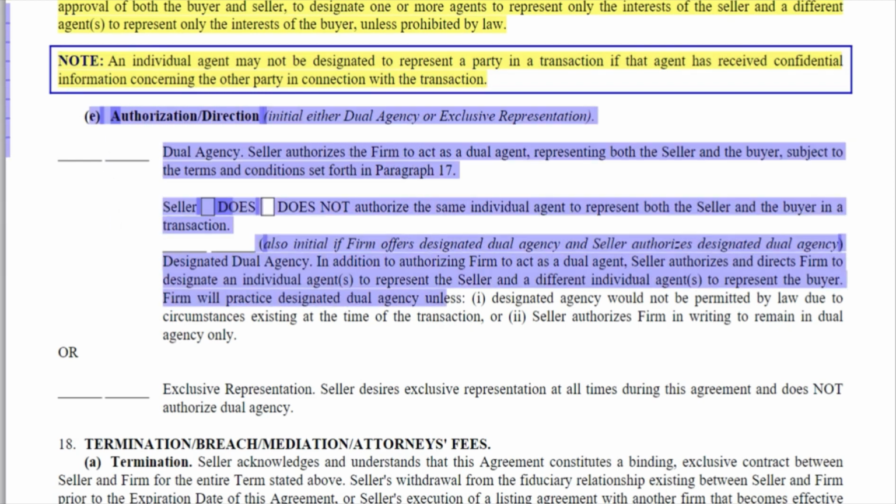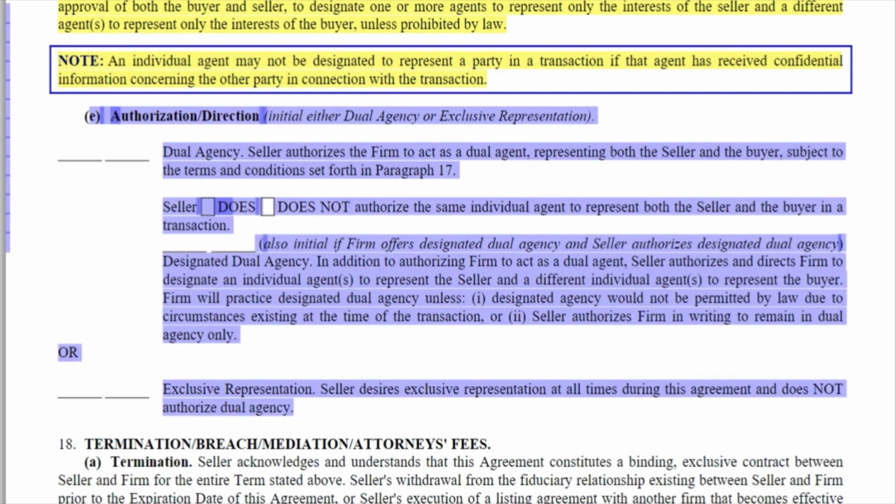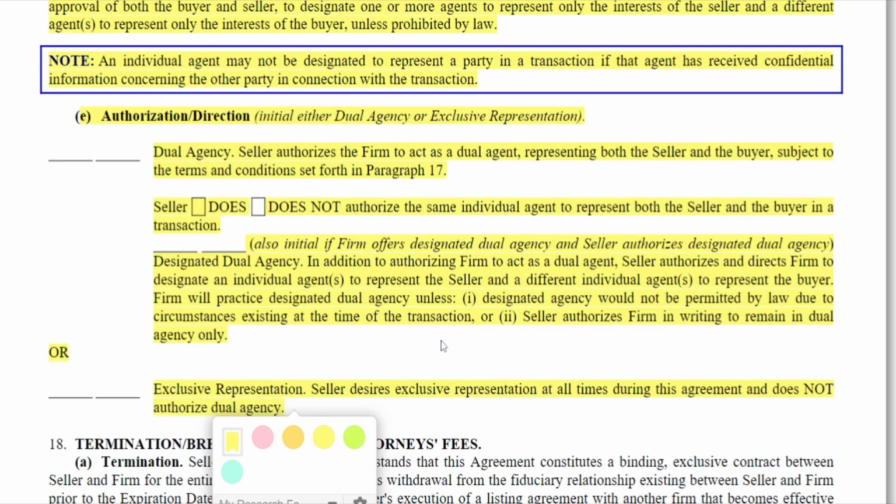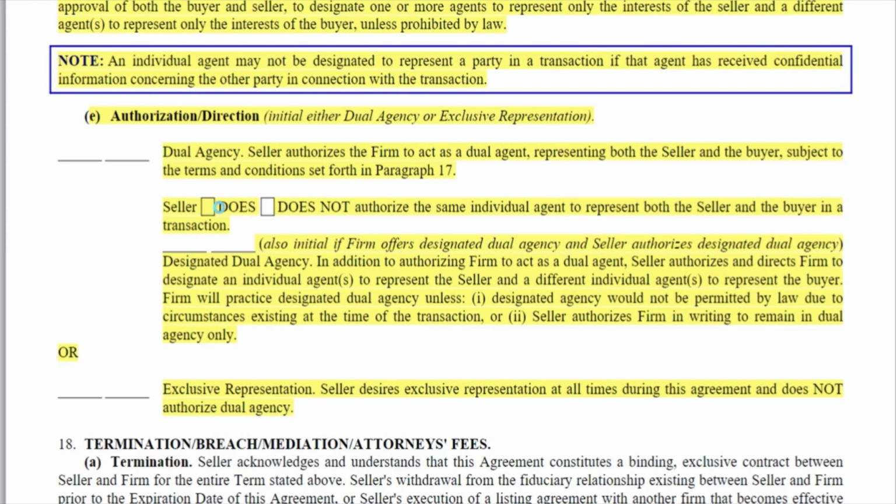And this section is where we're going to check off. You're going to agree or not agree to the dual agency.